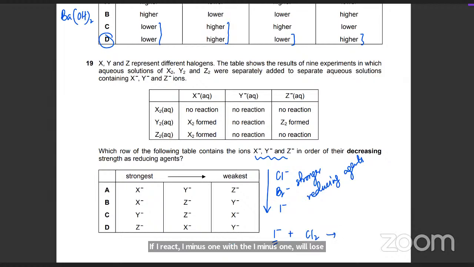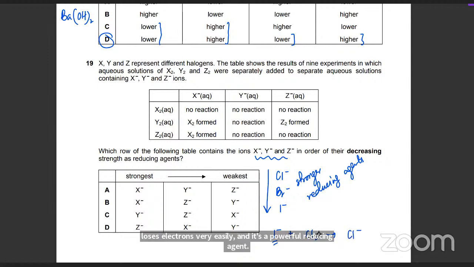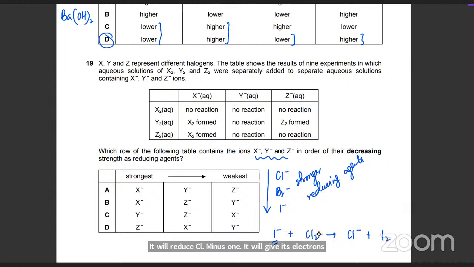It loses electrons very easily, and it's a powerful reducing agent. It will reduce chlorine to Cl-. It will give its electrons to chlorine and iodine will be formed. Note this down. So a more powerful reducing agent will reduce the element. And that's what's going to happen. Okay, is that clear? It will lose electrons, the other one will gain electrons.